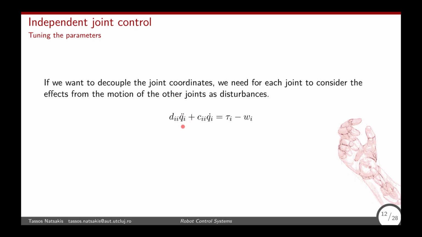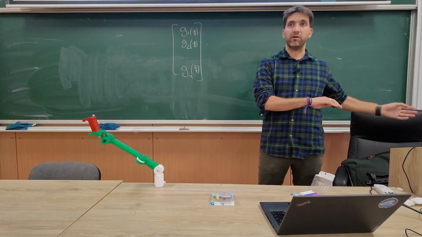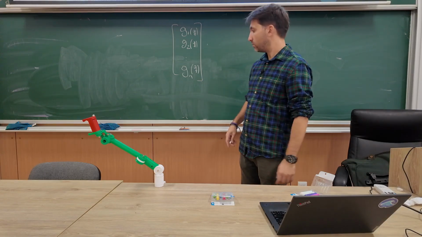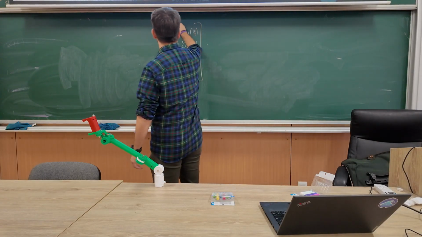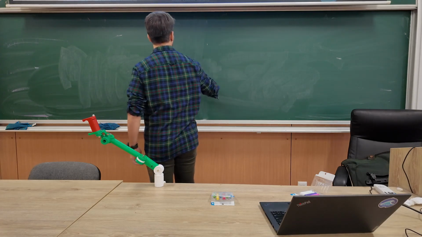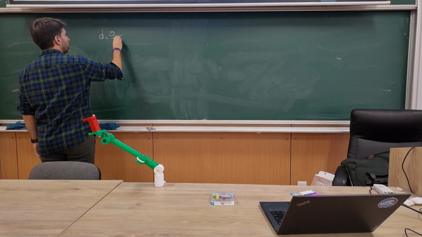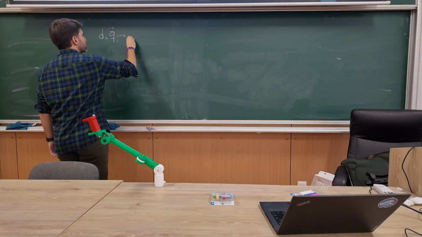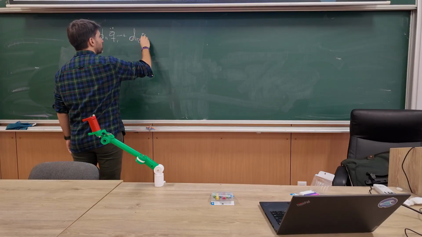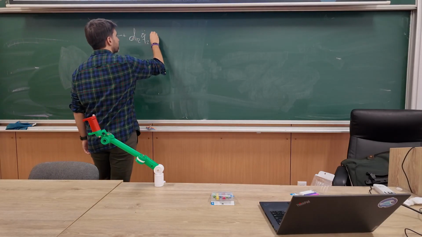Now, this is with indices. I have dii qi dot dot plus cii qi dot equals the torque of joint i minus all the other terms, which I'll write down here to have them in the same spot. For the first joint I had d11 q1 dot dot plus d12 q2 dot dot.